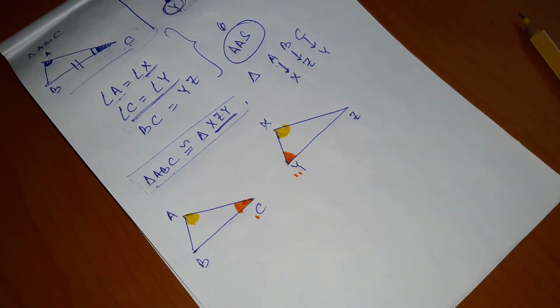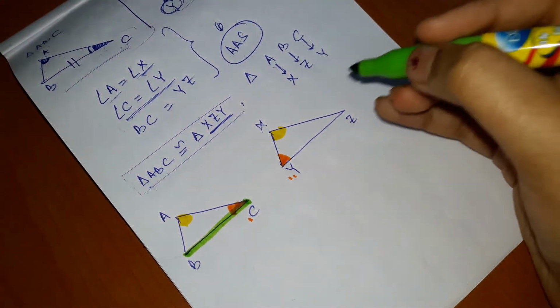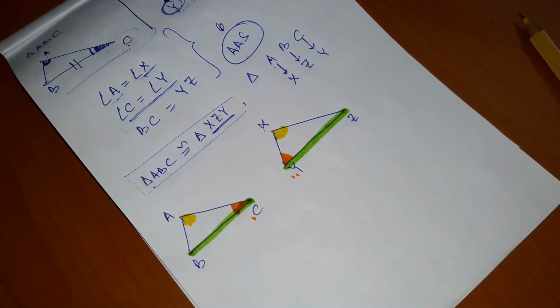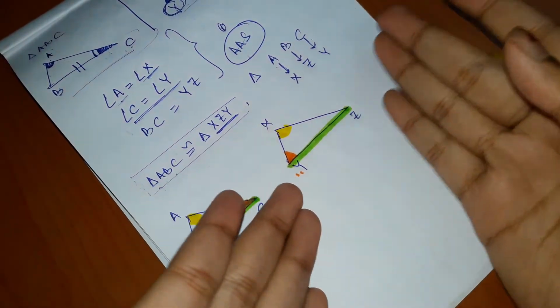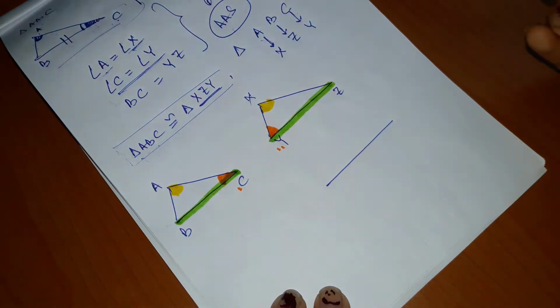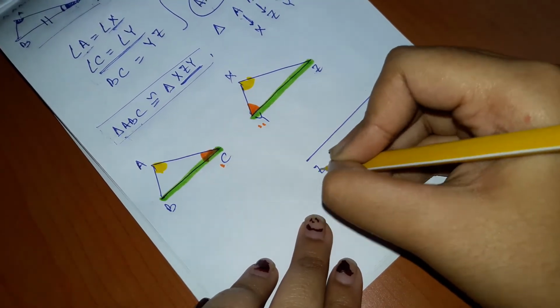These two are equal angles. Similarly, we are also given that BC is equal to YZ. Now, if I turn this triangle, what will I get? Here there was YZ, here it will be ZY.